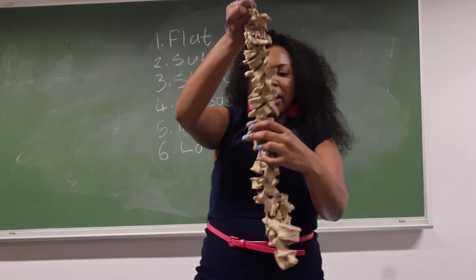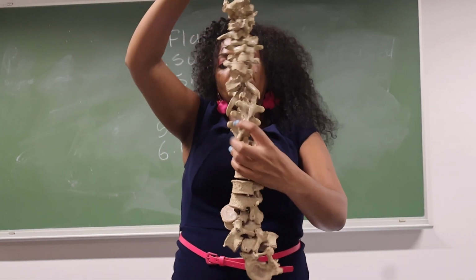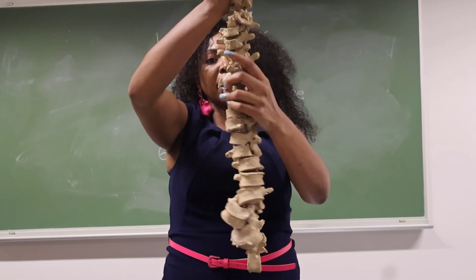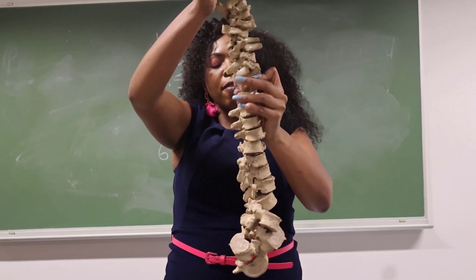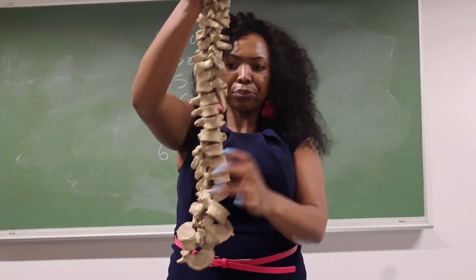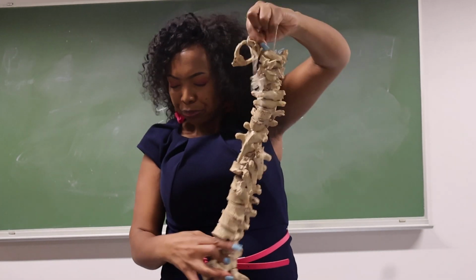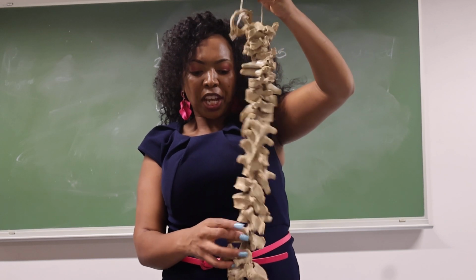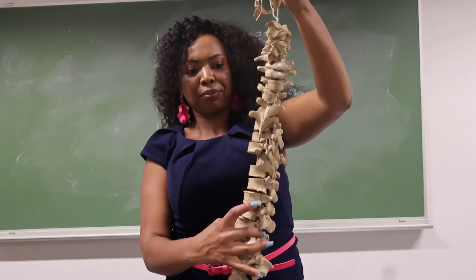It's not in a normal shape, because there's something wrong with the model, but I'm sure you can Google a proper shape of the vertebral column. So the vertebral column is important for supporting the spinal cord.